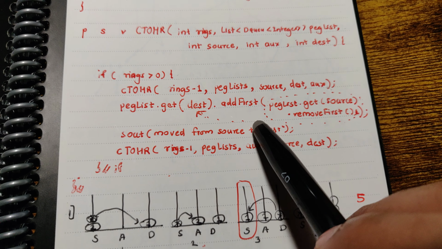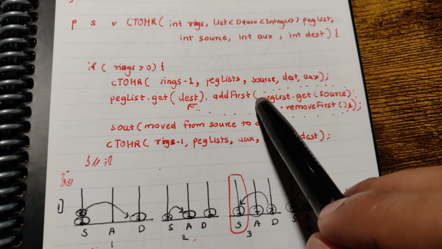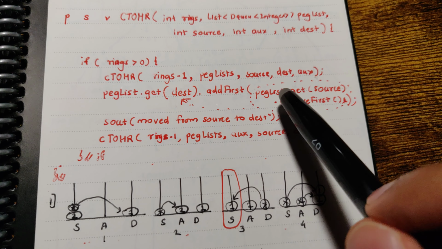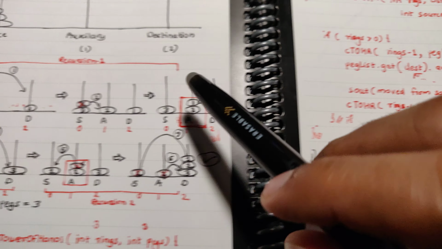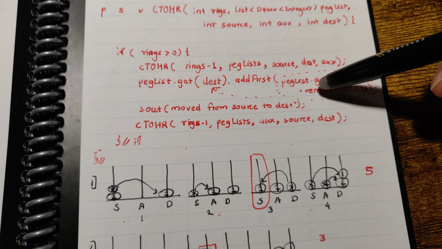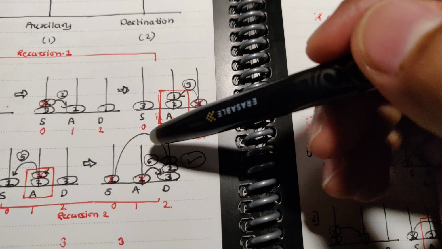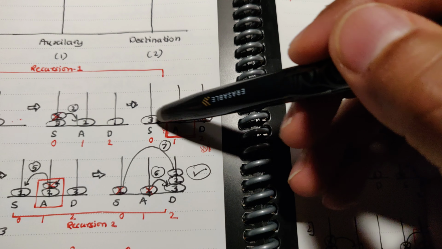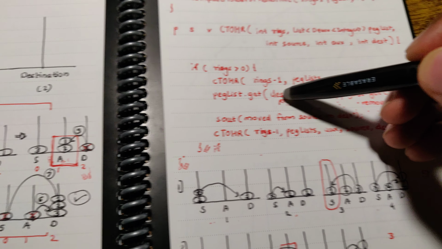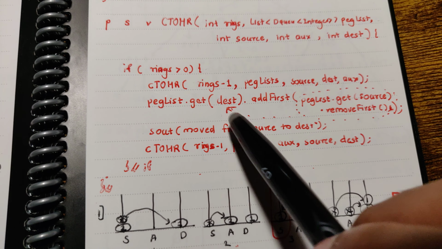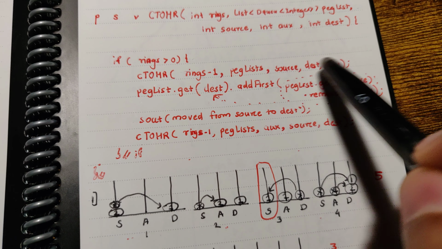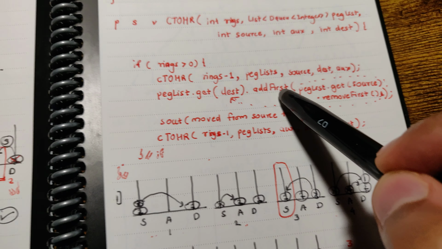So first of all I'm getting the source list from our array list, because this was in source, remember. And remove first means from this linked list remove the head node and put it back to the destination node. So if you see, get destination, add first, and this node is put back to the destination.